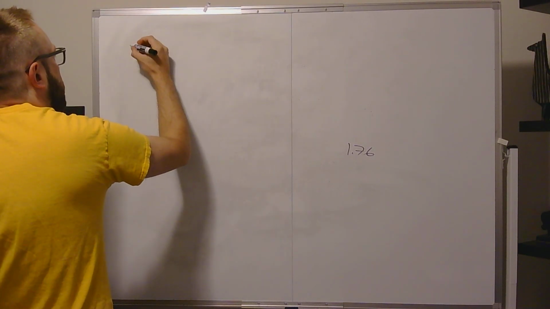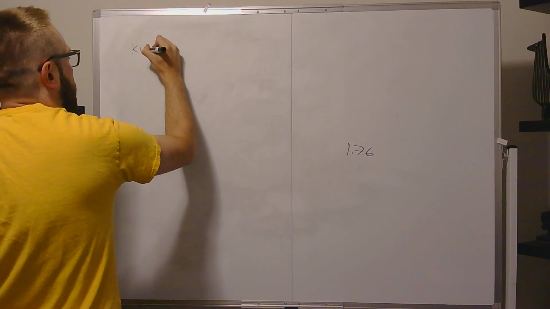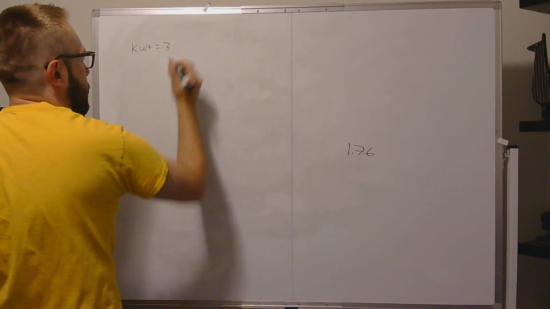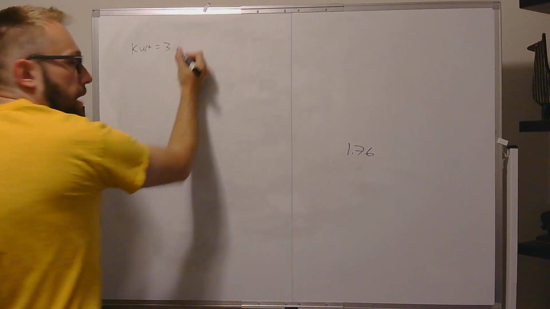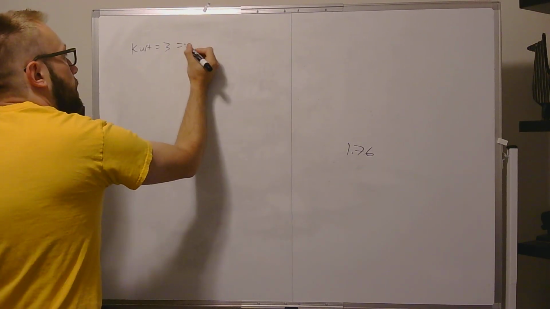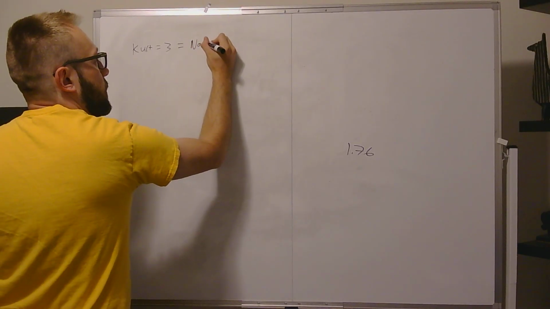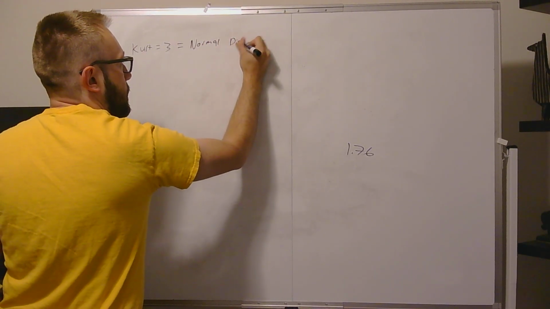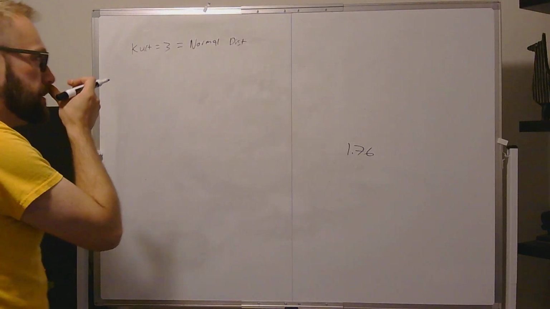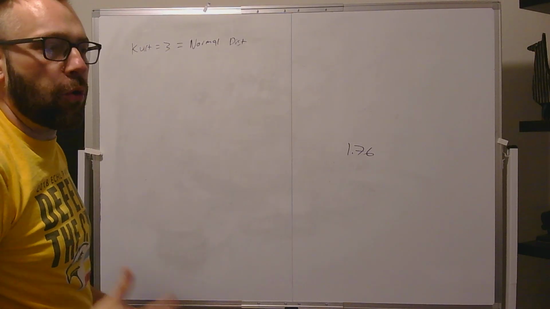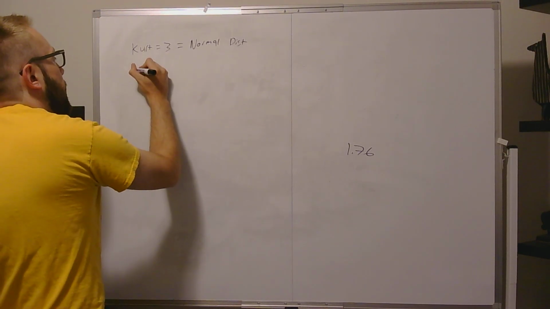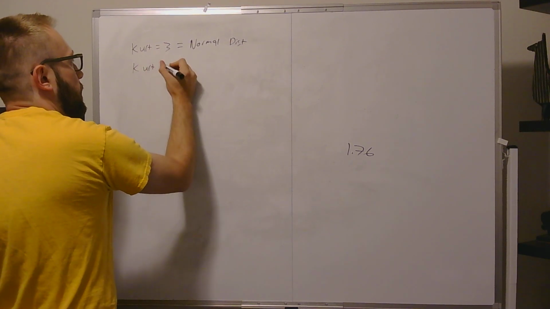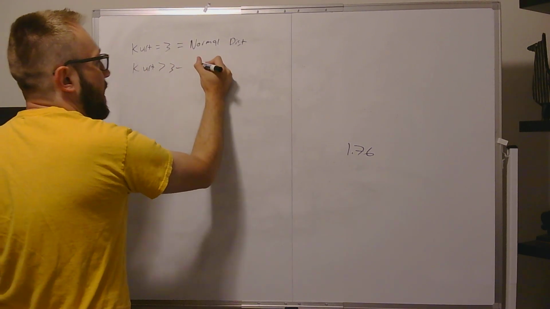So kurtosis, we're going to use Kurt equals 3 as a benchmark for us. That is the normal distribution. So it's a benchmark we should be familiar with. So that will be our point of comparison. Then if we have a kurtosis that's larger than 3, we say that's high.